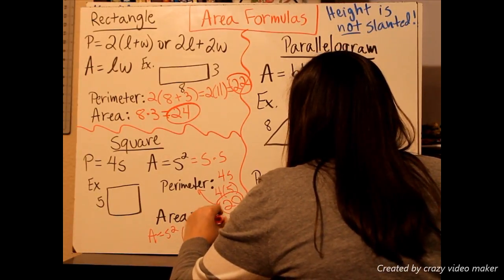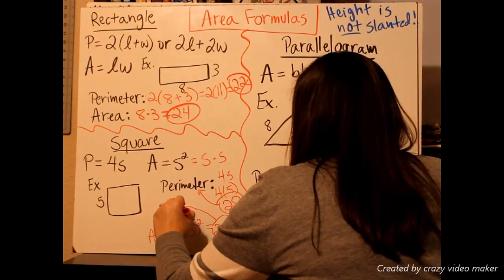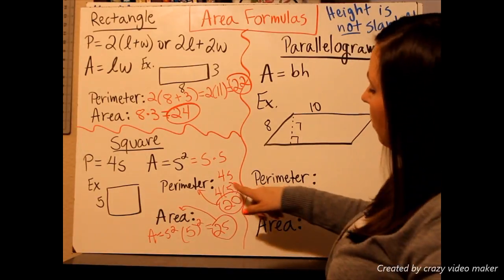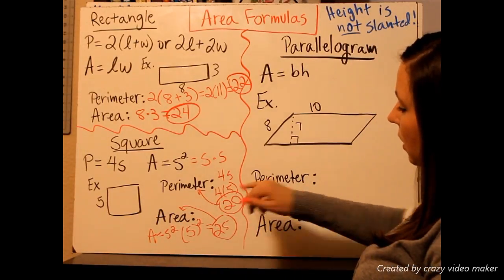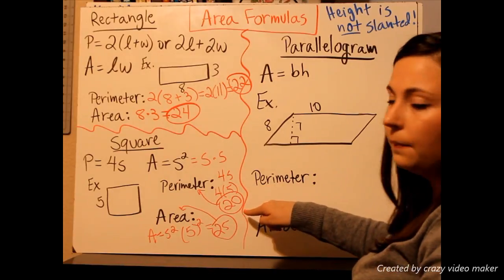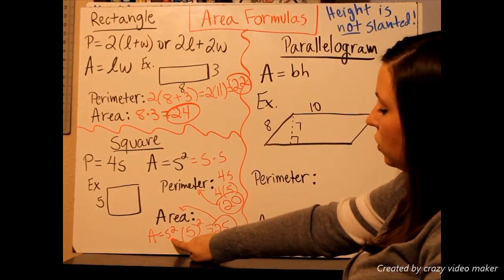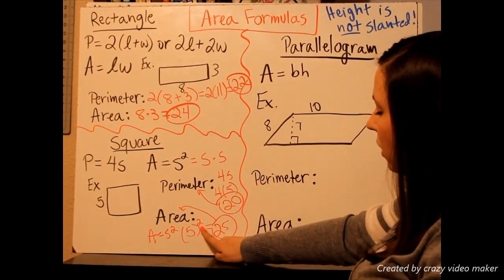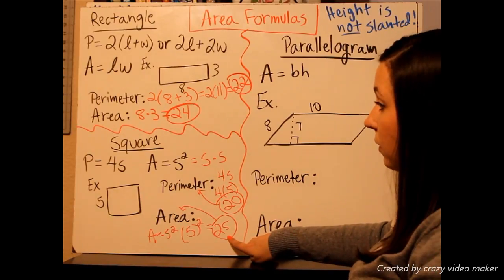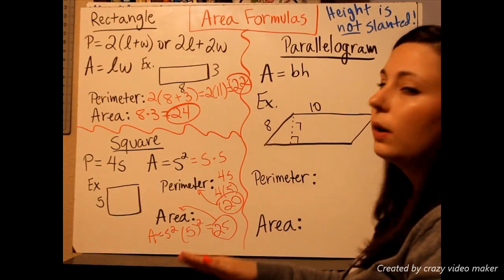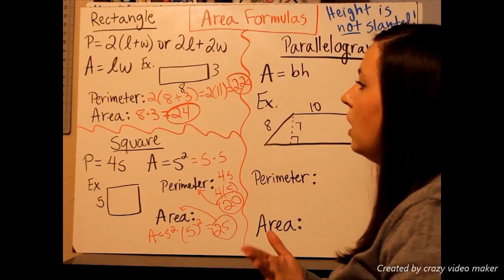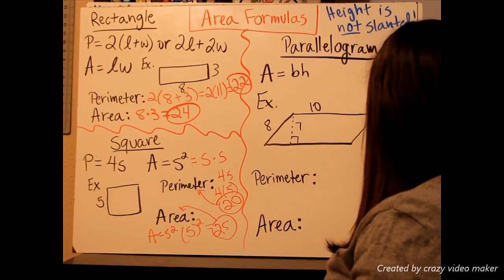So our area is 25. Perimeter, 4 times the side length, 4 times 5 is 20. Area, S squared, 5 squared, gives us 25. So that's the rectangle and the square. Those should be pretty much review, not too difficult.